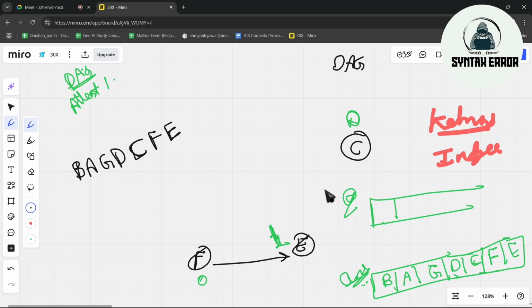I'll repeat all the steps again. First we find the in-degree of each vertex, and we take the vertex which has in-degree 0. We push it in a queue. When we have elements in the queue, we pop one element from that queue and push it in our answer. After pushing it in our answer, we delete that particular vertex from our graph and again find the in-degrees.